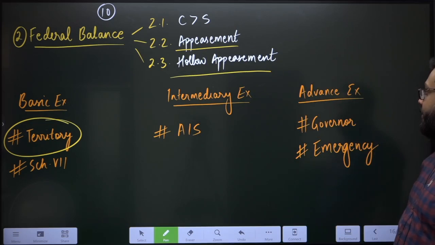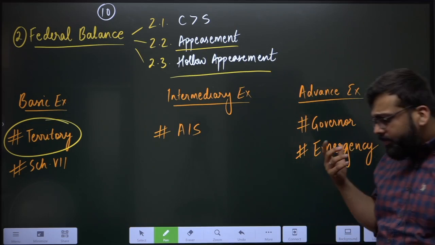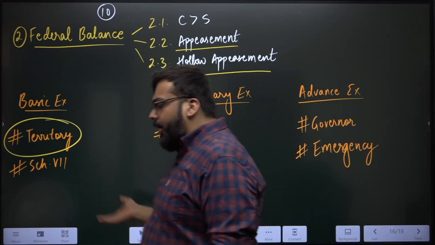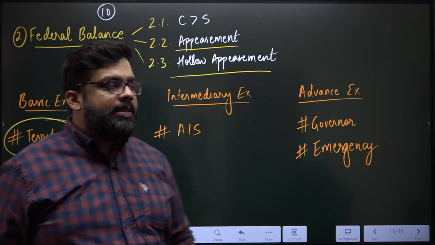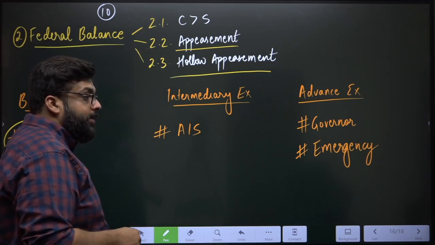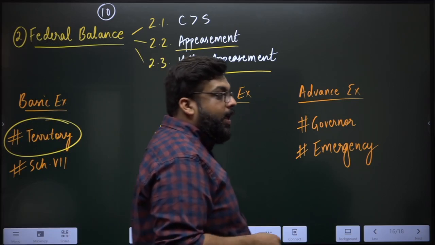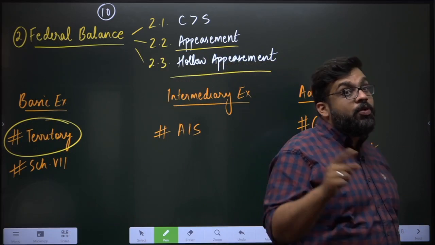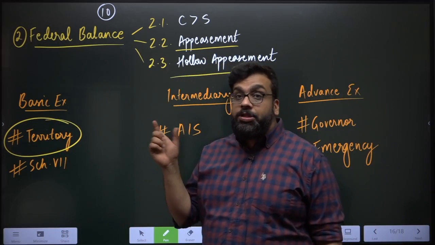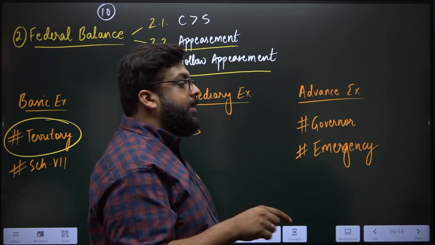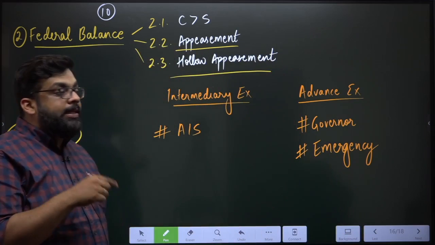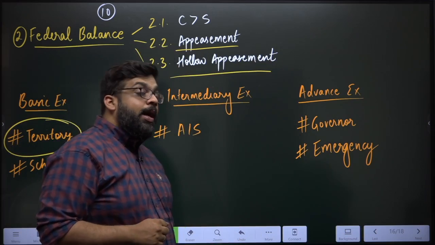Hollow appeasement. Advanced example. Governor, for example, recruited by the center, works at the states, removed by the center, right? Appeasement. The governor has more discretionary powers, constitutionally guaranteed discretionary powers than the president. Appeasement.